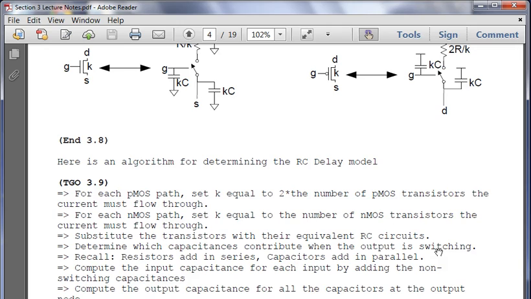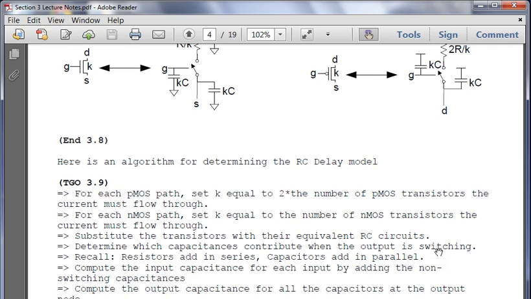Substitute transistors with their equivalent RC circuits, and then determine which capacitances contribute when the output is switching. I'll show you how to do that in the example problem coming up. Remember from your circuits classes back in the day, resistors add in series, capacitors add in parallel.